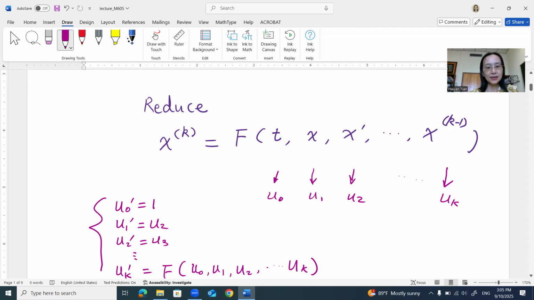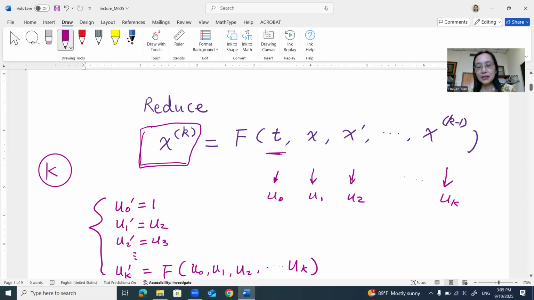So now we got a system of k plus 1 equations. As you can see, to reduce a kth order to the first order, this one single equation of kth order will become k of the first order equations. So you will have more equations.